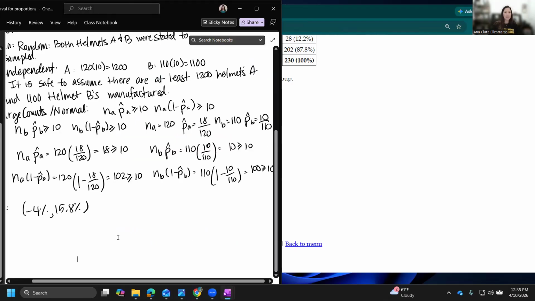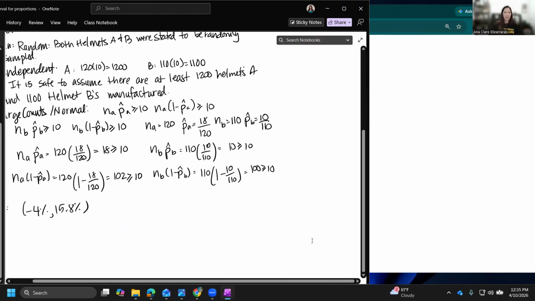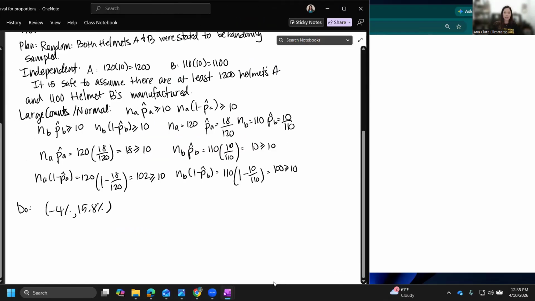And this is estimating the difference as to whether helmet A and B do have a difference in failure or not. And when 0 is in the interval, we don't really have convincing evidence that there's a difference. That's hypothesis testing, but you can also relate that to your confidence interval. This is the same thing as -0.04 and 0.158, depending on how you want to write it.